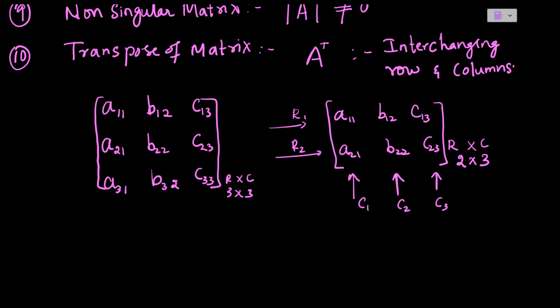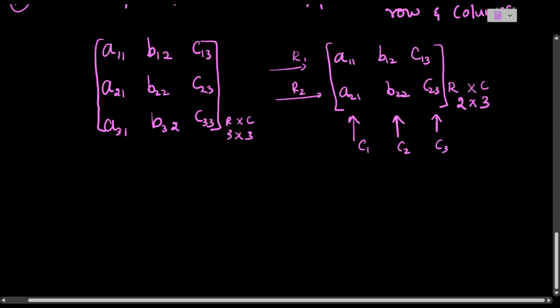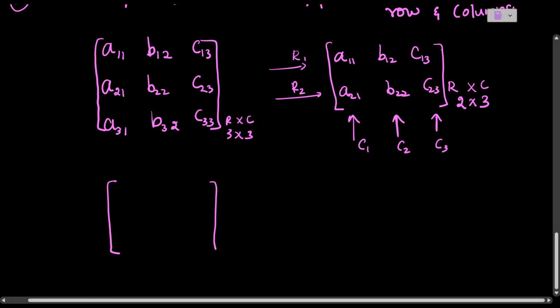Did you understand, students? Okay, let us see another example. I have square brackets here, and I have B12, B22, B32; any number we can take here. Let me explain through numbers. So here I have 3, -4, 6, 1, 0, -5.